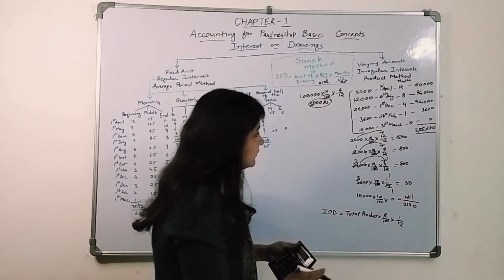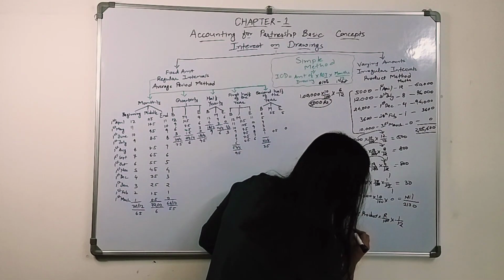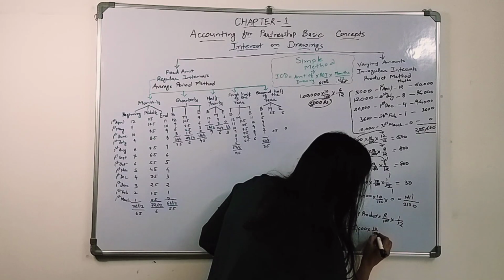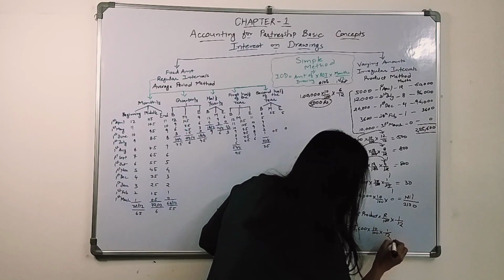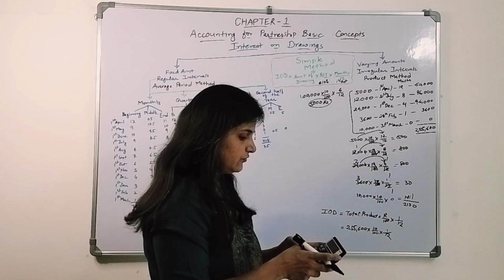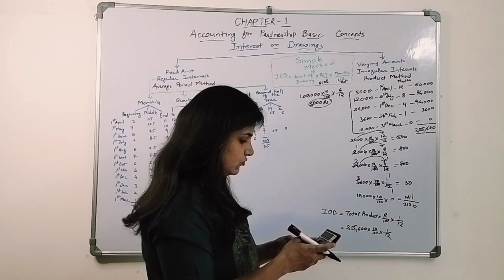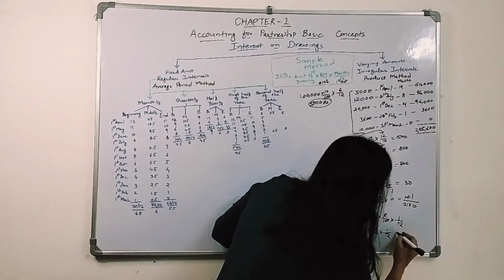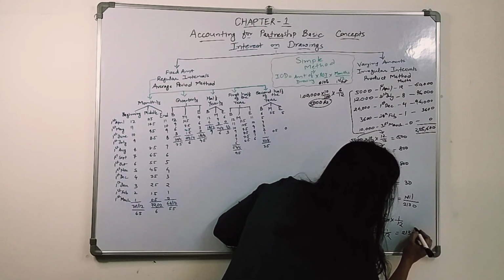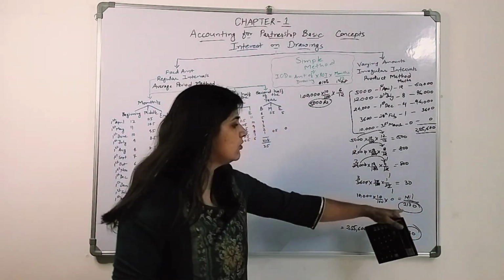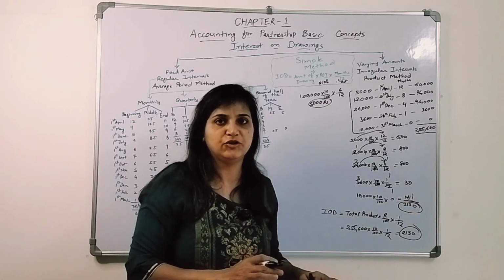So what is the total product? 2,55,600. Rate of interest is 10% into 1 by 12. So 2,55,600, 10% of that divided by 12, it's how much? 2130. Okay, understood? The amount is same. It's the easy way to do.